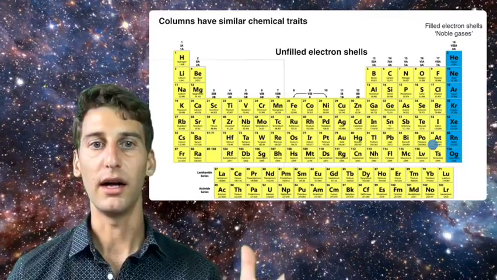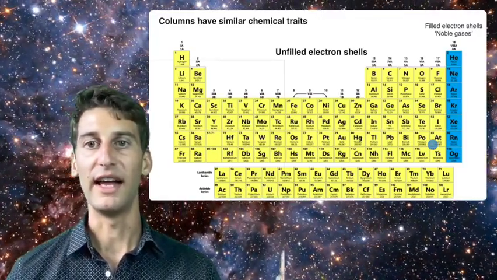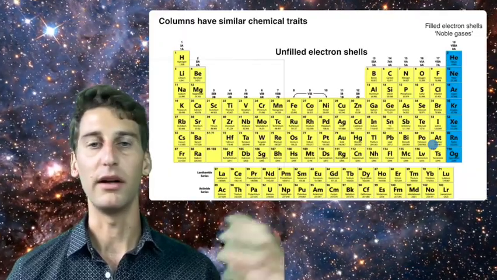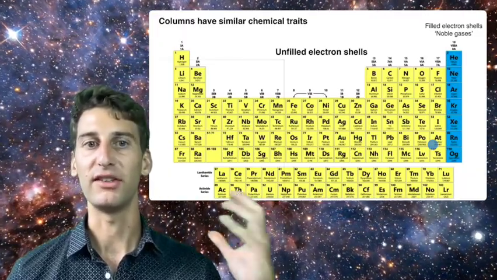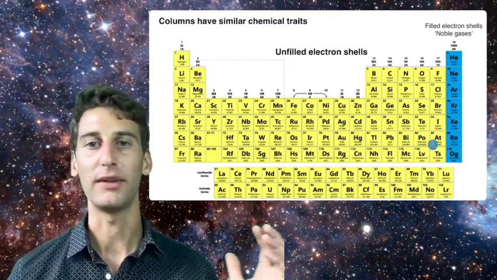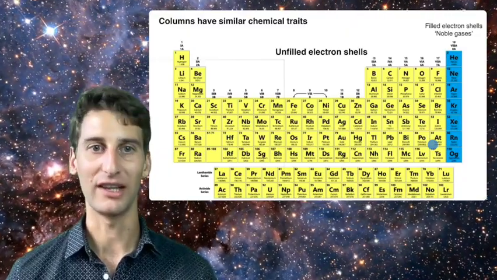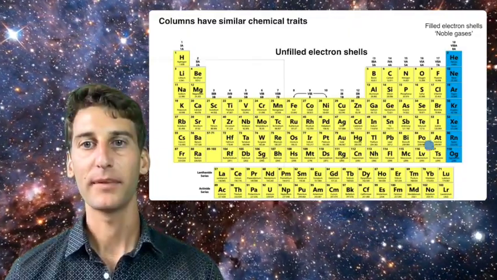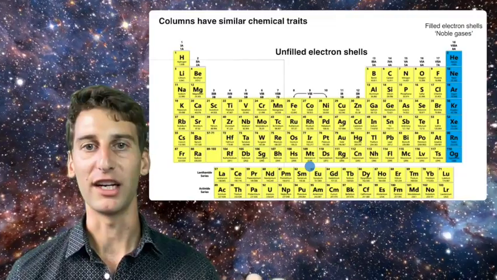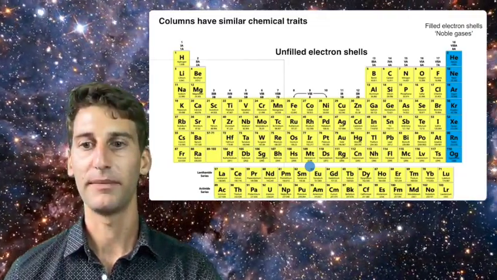These are all elements that have a totally full electron shell, and so there's no reason for them to seek out bonds with other elements. They just exist as atoms flying through space in the gas phase. They don't interact with anything. That's where this idea comes from that they're more noble, because they're above the fray. Everyone else, though, is not above the fray, and so they're going to be doing their best to bond and get a full electron shell.